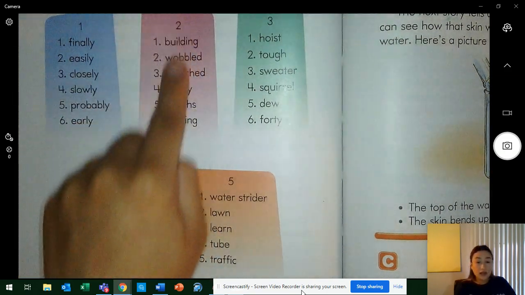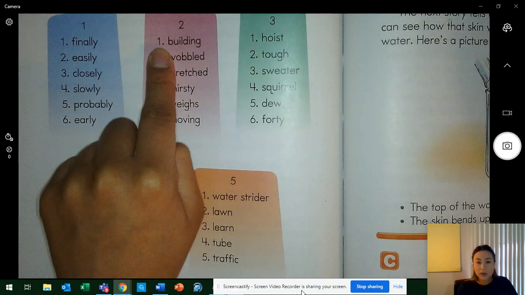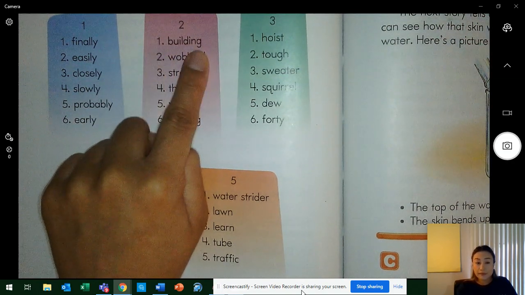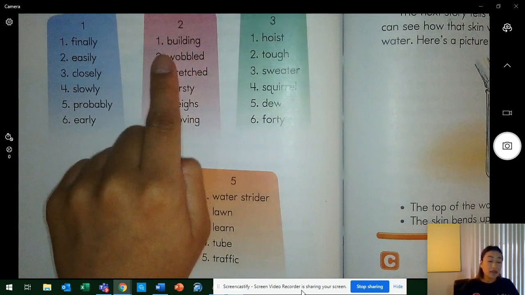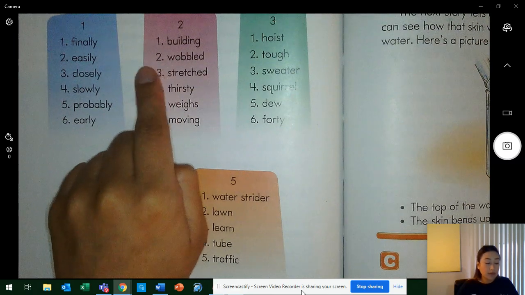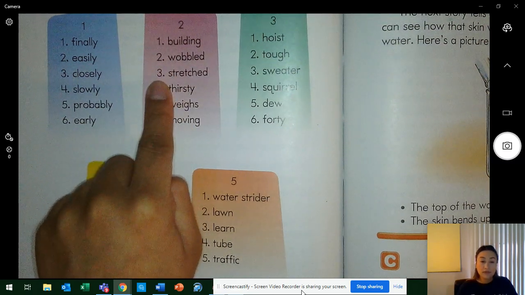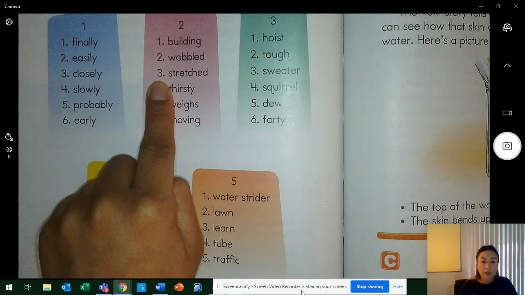Awesome. Let's go to column 2. Try our best. Word 1. What word? Yes, building. Word 2. What word? Yes, wobbled. Word 3. What word?